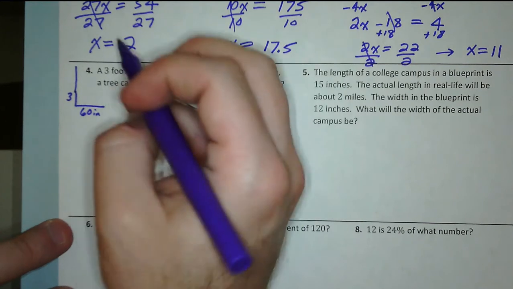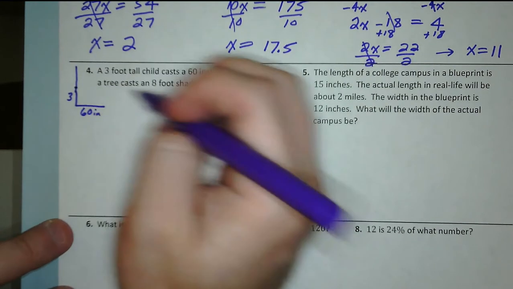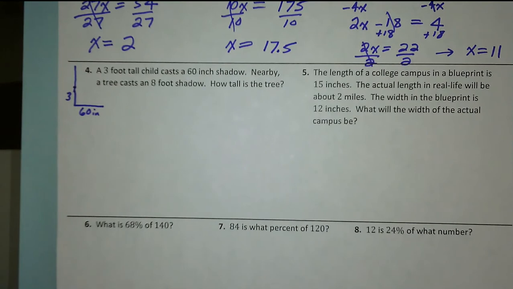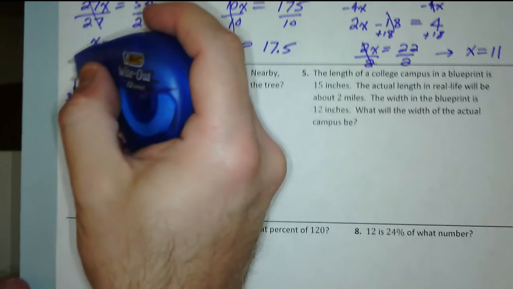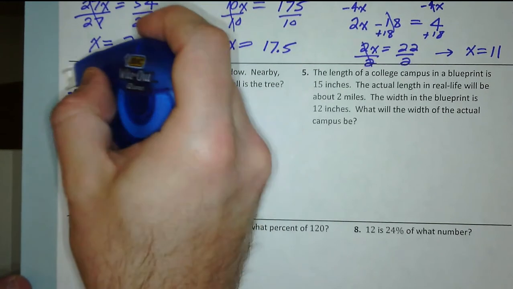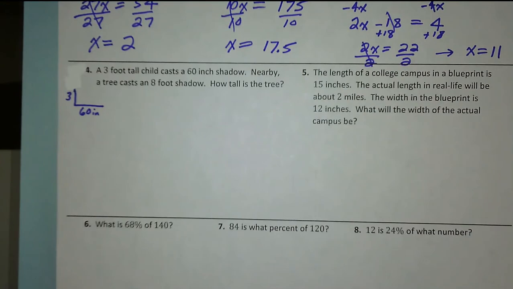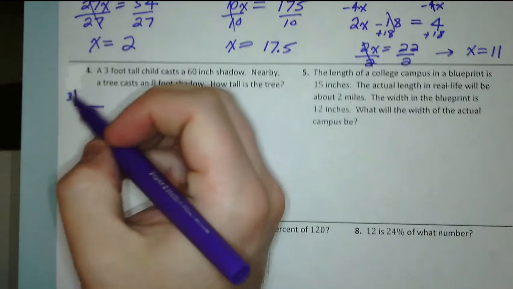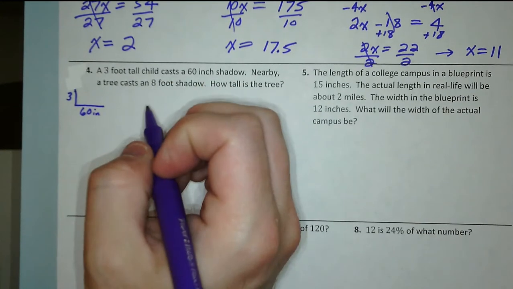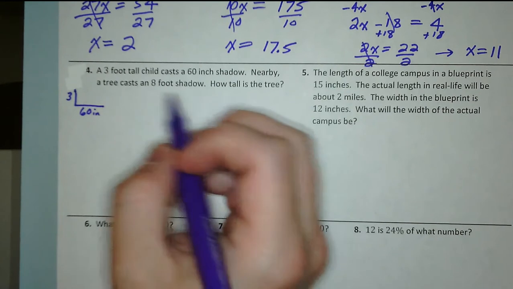I am an idiot. 3 feet is 36 inches. I'm really glad I caught myself there. I wonder why I was able to make that mistake. Just because 3 is smaller than 60? But no, 3 feet is actually only 36 inches. But whatever. That's not the point right now.